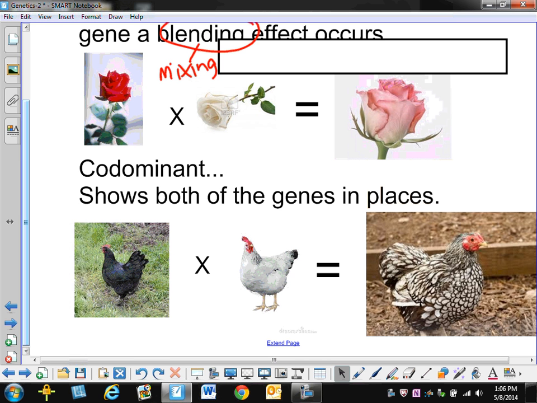The white says, I want my space. They share. But they're both still black. They're both still white. They don't turn into gray. So this is codominant. Co means sharing. We good? Both those terms? Okay.